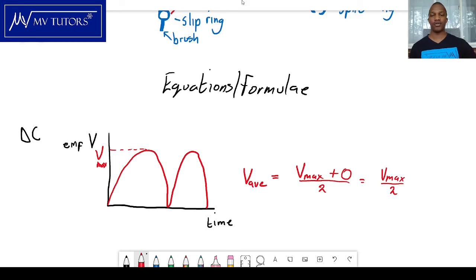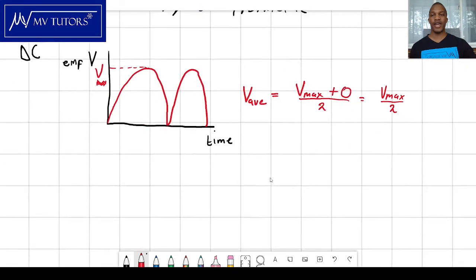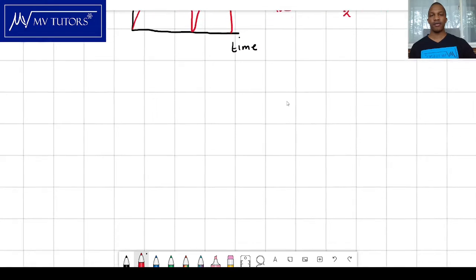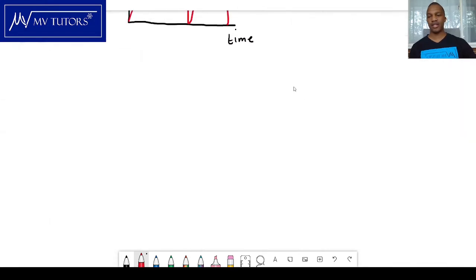Now let us look at the AC generator. Let's have the same configuration over time.